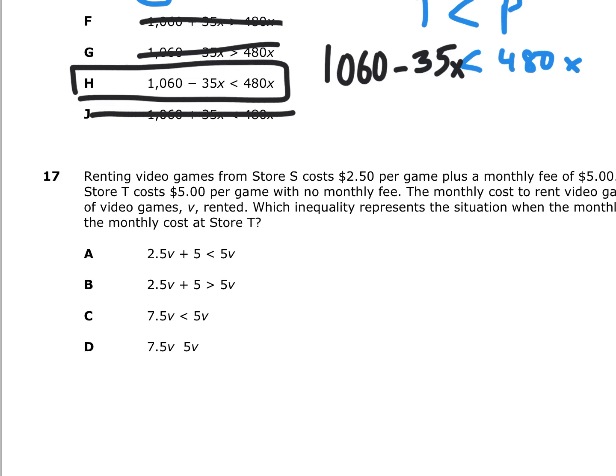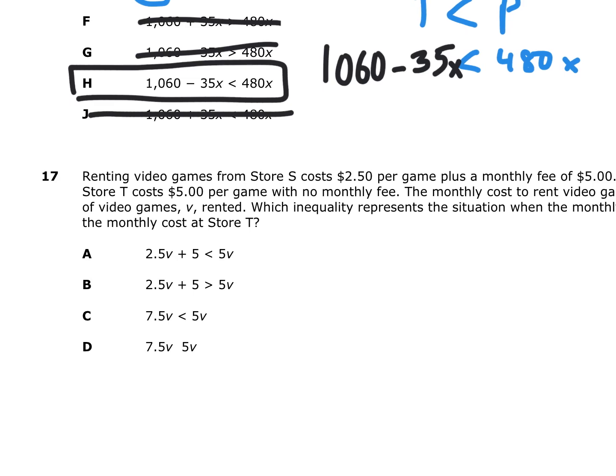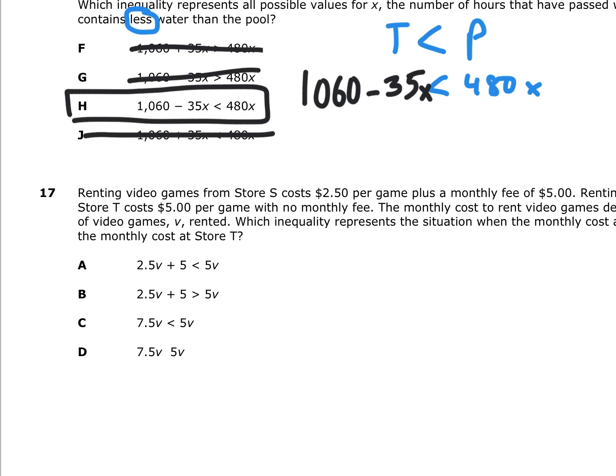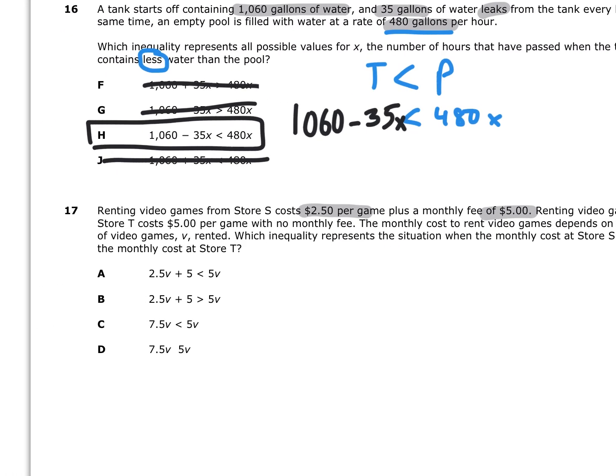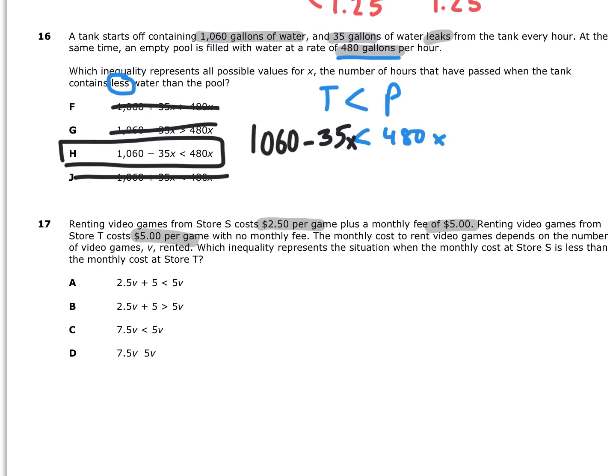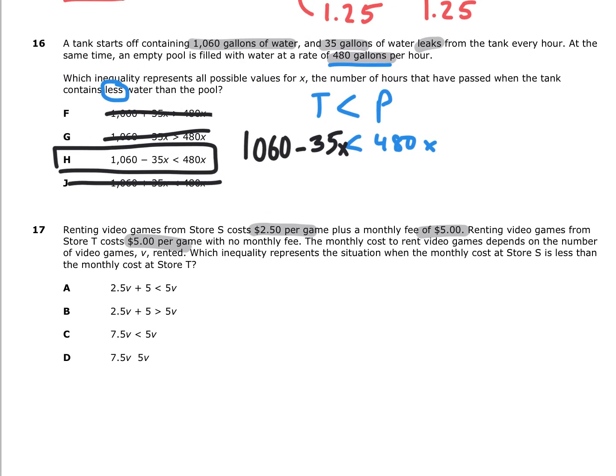Renting video games from Store S costs $2.50 per game plus a monthly fee of $5. Man, $2.50 per game, monthly fee of $5. Renting video games from Store T costs $5 per game with no monthly fee. The monthly cost to rent video games depends on the number of games V rented.